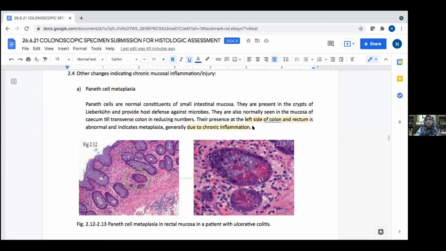You really have to make sure other changes of chronicity are present before you call it IBD. Having said that, children sometimes present with chronic constipation, and Paneth cell metaplasia tends to be common in chronic constipation in children, but not in adults. So just take note of that.